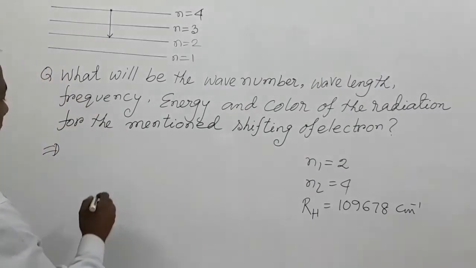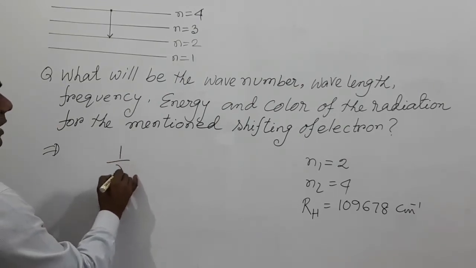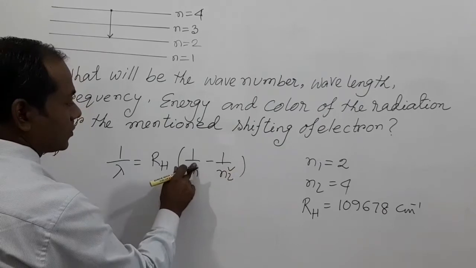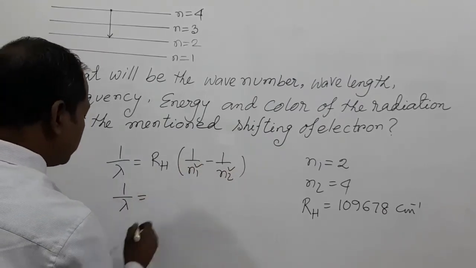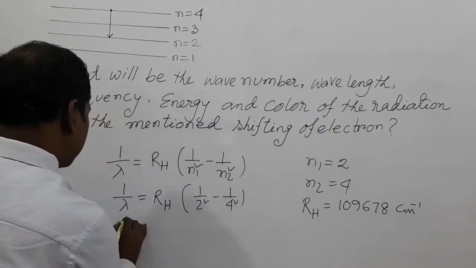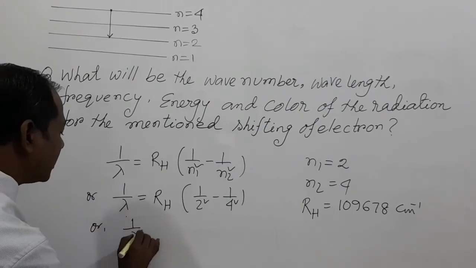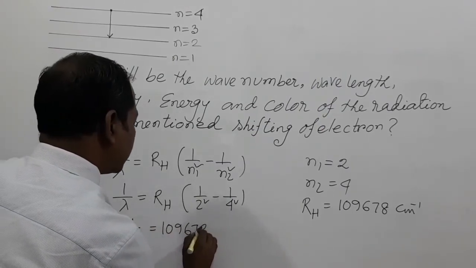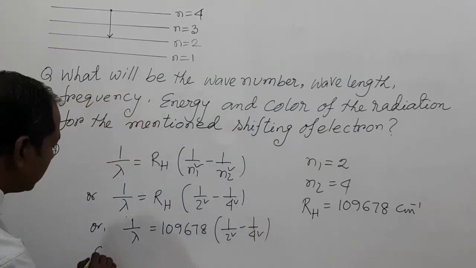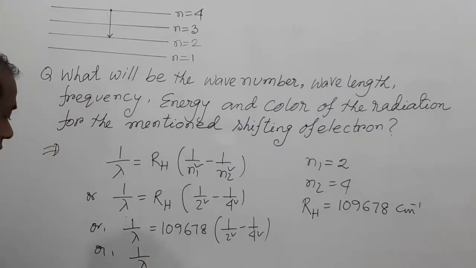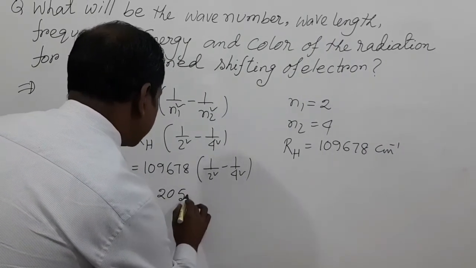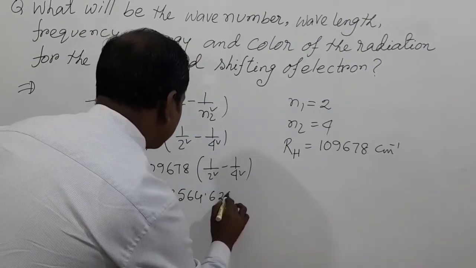My dear students, we know the formula to calculate the wavelength is 1/lambda equal to RH (1/N1² − 1/N2²). So 1/lambda equal to 109678 (1/2² − 1/4²), and we get the value 1/lambda equal to 20,564.625.